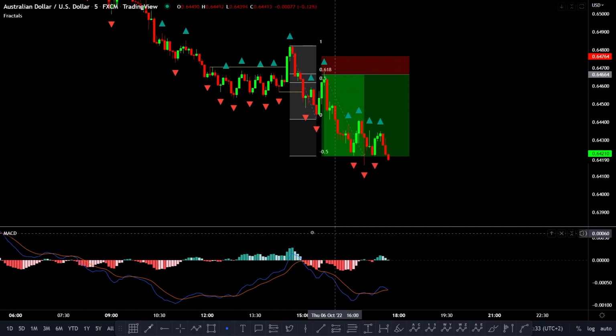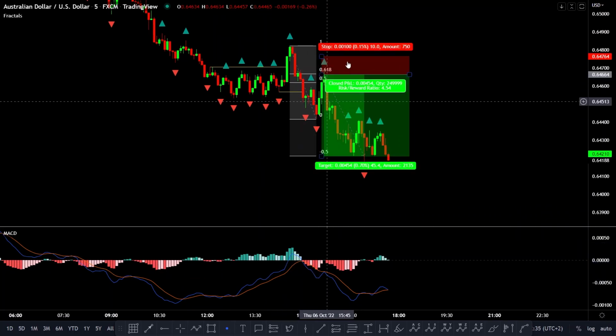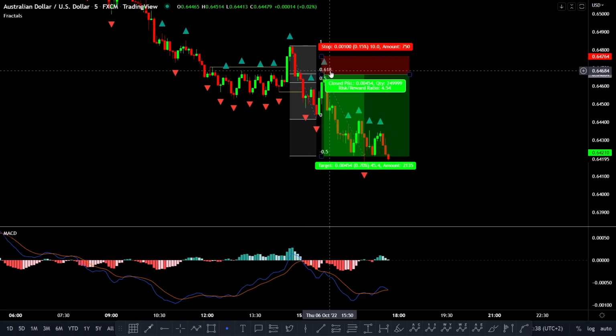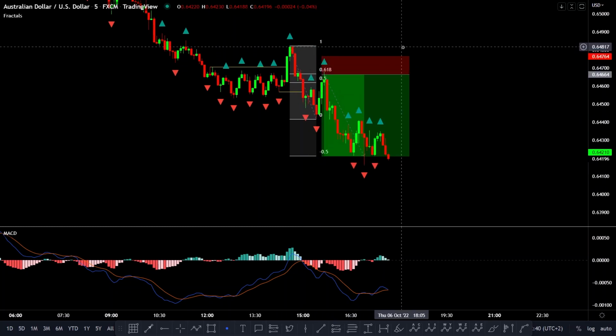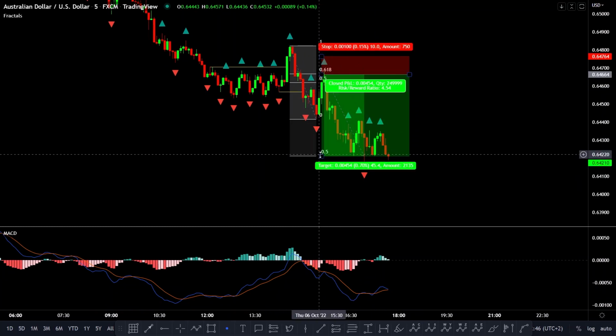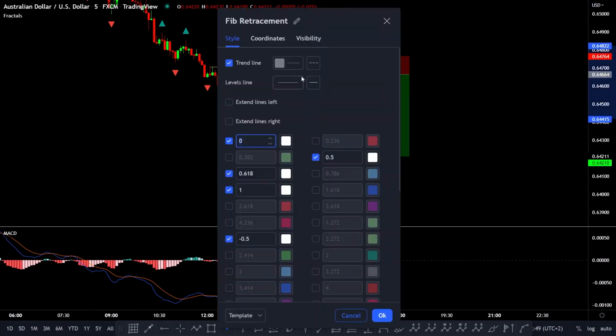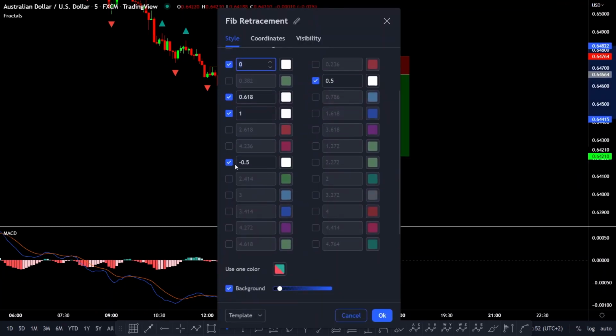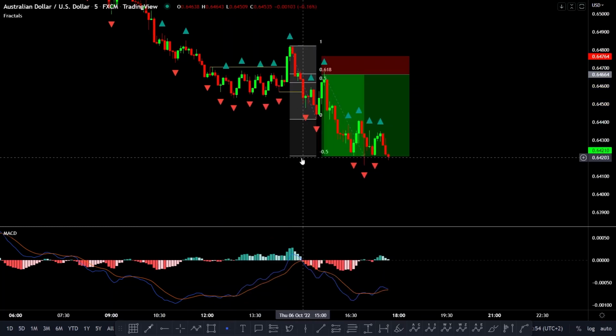When it's going higher, you need to see it going lower here, and then you take your entry at the 61.8 with your 10 pips stop loss, and then your target has to be at 1 minus 0.5. So if you look at this one, this is where the target is, right? This is the target right here.